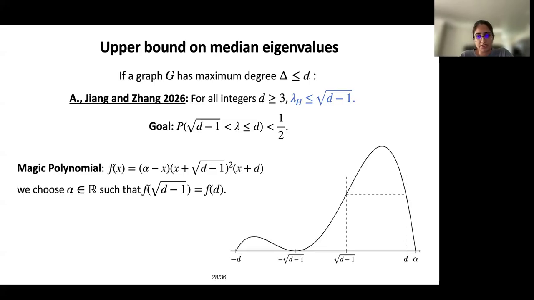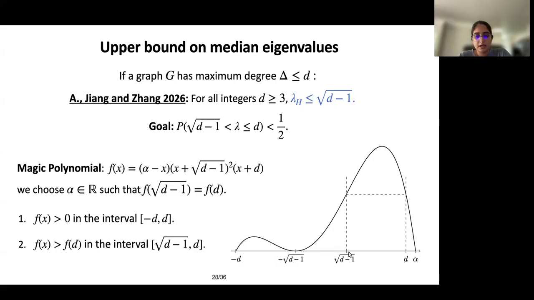To give you a visualization of what this polynomial actually looks like, between the interval of interest, minus d to d, which is where all my eigenvalues are going to lie. So the two key observations here are f(x) is always positive on this interval, and between square root of d minus 1 and d, f(x) is always going to be larger than the value at f(d).